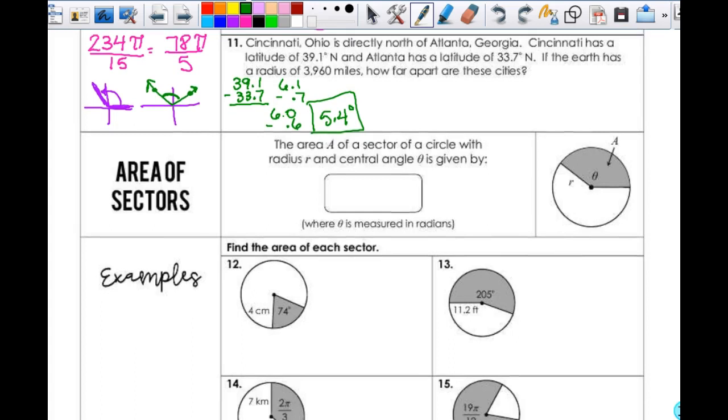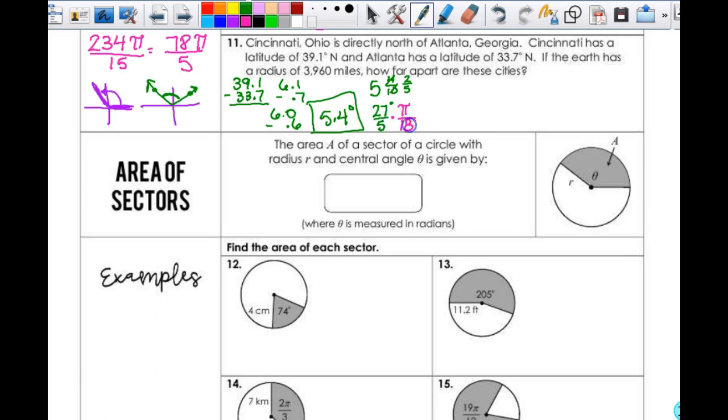So I want to change that into an improper fraction. So 5.4 is 5 4/10. That becomes 2/5, right? So 5 2/5 as an improper fraction is 27 over 5. So that's my degrees. I need that in radians. To convert degrees to radians, what do I multiply by? Pi over 180.